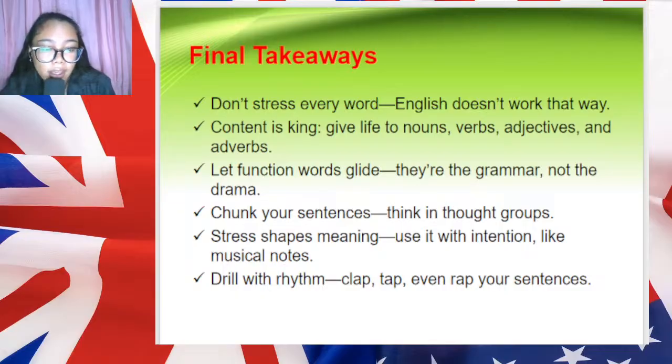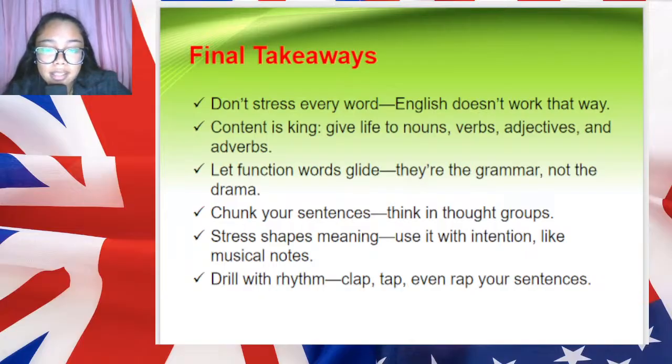For instance, if you're practicing "we need to increase production," you would clap or tap on we, need, increase, and production. So there are four claps in total. You will notice how some syllables get a more definite tap, while others might get a lighter, quicker touch or no tap at all. So this simple act makes you physically aware of the natural rhythm.